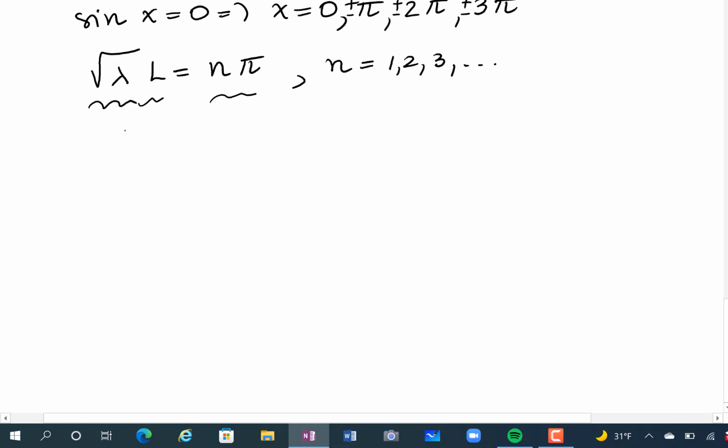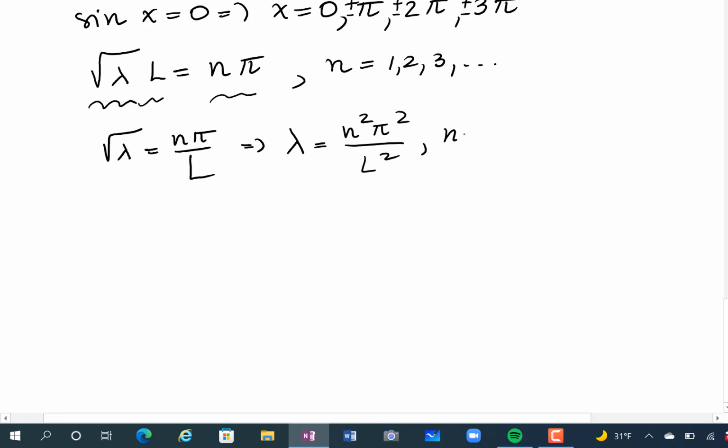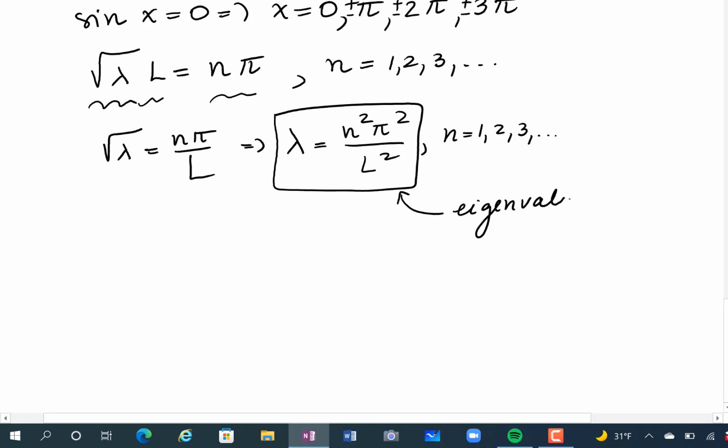So this means square root of lambda equals n pi over L, which means lambda equals n squared pi squared over L squared, with n being 1, 2, 3, and so on. This lambda that we finally found, that is not going to give us trivial solutions, is called an eigenvalue. For these values, we actually have solutions.